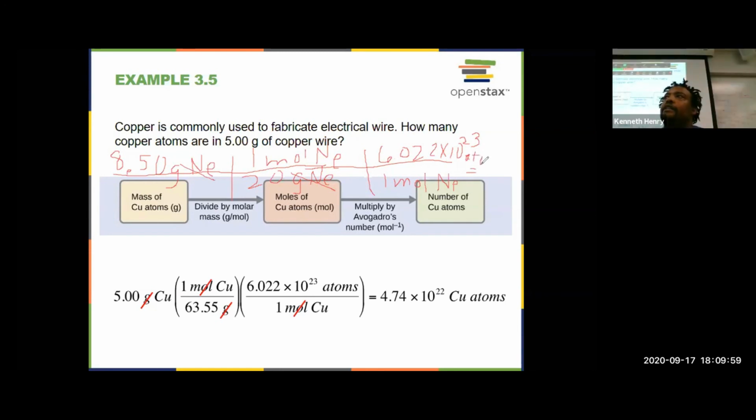Okay, so what did you guys get? I got 2.56 times 10 to the 23 atoms. Okay.